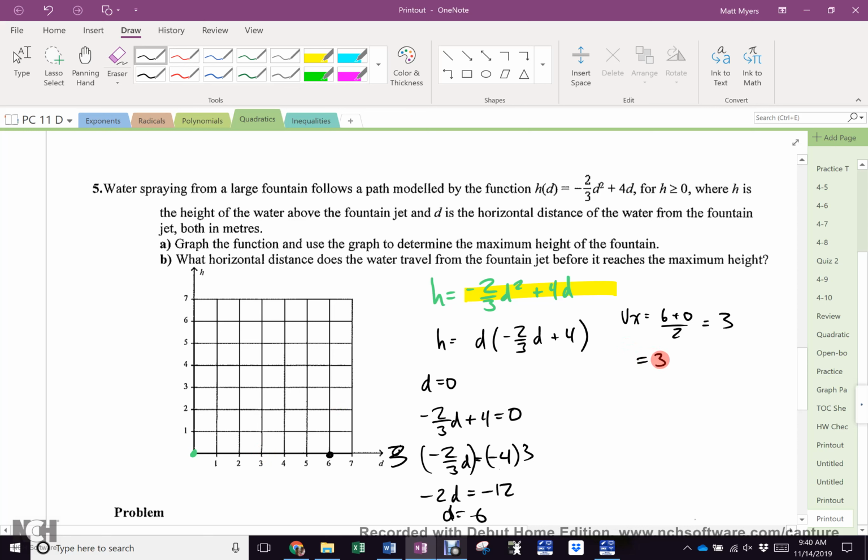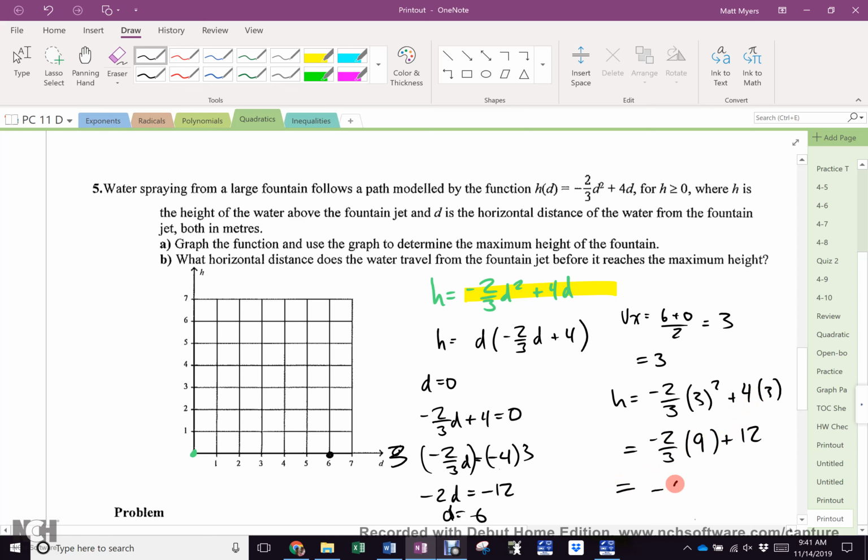Now what do I do with 3? I put it back in here. h equals negative 2/3 times 3 squared plus 4 times 3, which is negative 2/3 times 9 plus 12.